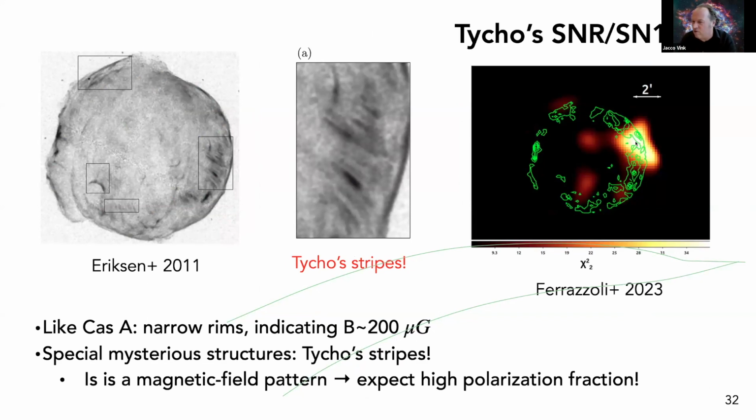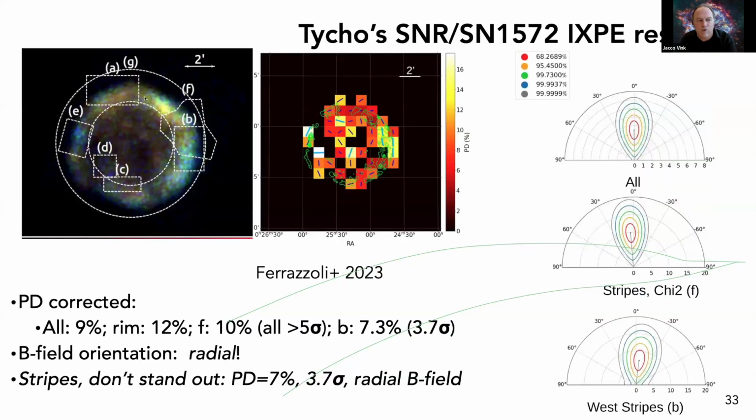So here we have a solid detection, and we took that to analyze further. We took this extraction region focusing on the stripes, a few other regions, plus the outer ring. And here you see all. So we use several extraction regions.